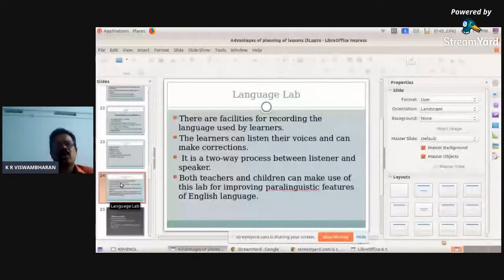Now it is not so costly even, if ETAs and SMCs take care of it. In the present context, there are well-equipped high-tech classes in almost all schools, and they can easily set up a language lab as part of their high-tech classrooms, ICT lab, etc. It's very interesting.